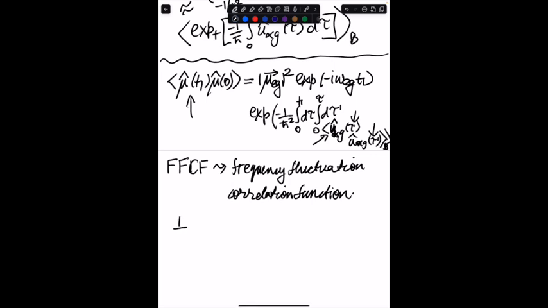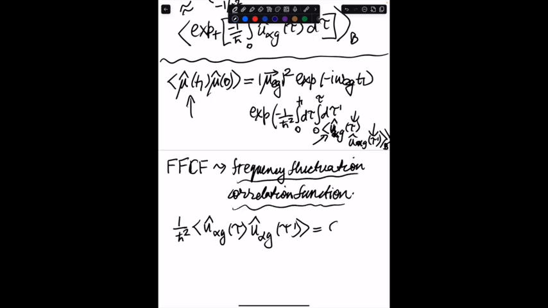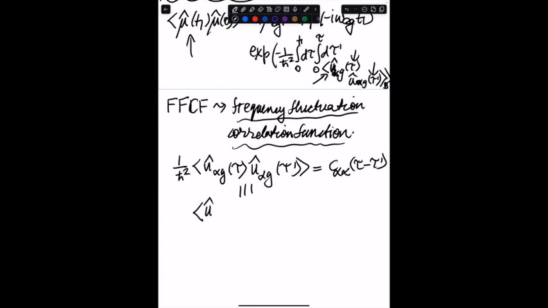So what I mean is 1 upon h bar square, you had alpha g tau, you had alpha g tau prime, is known as the FFCF, or the frequency fluctuation correlation function, denoted by C alpha alpha tau minus tau prime, because this can be written as you had alpha g tau minus tau prime, you had alpha g 0.